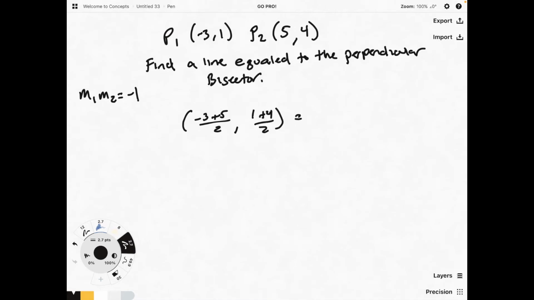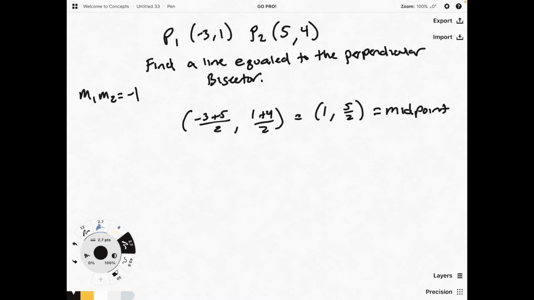This is equal to 1, and 5 over 2. And this is equal to our midpoint. So now we have the midpoint, so we have the bisector, right? Now what we need to do is find the slope. We're given 2 points, so all we need to do is find what the slope is.